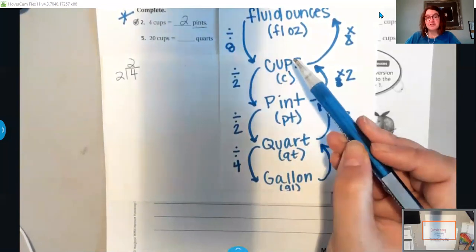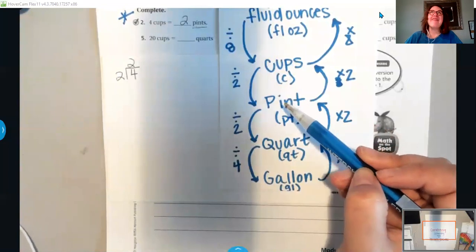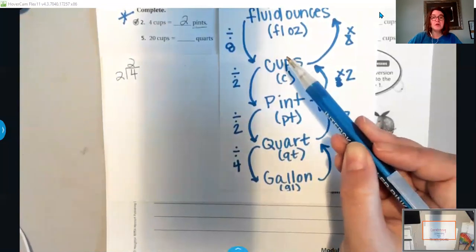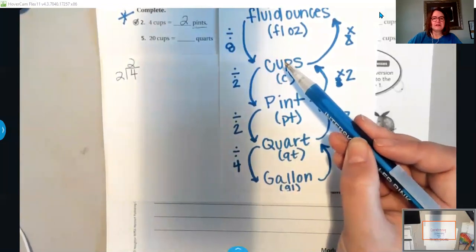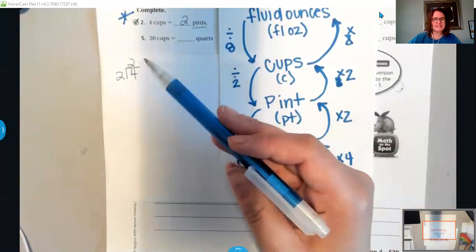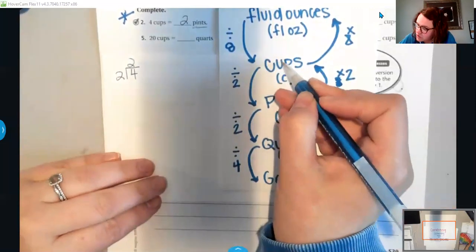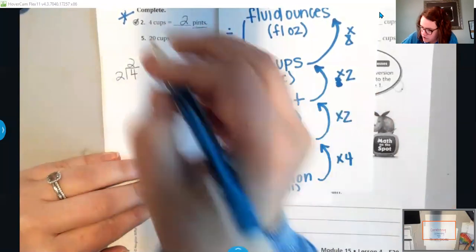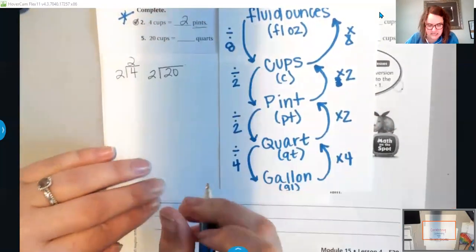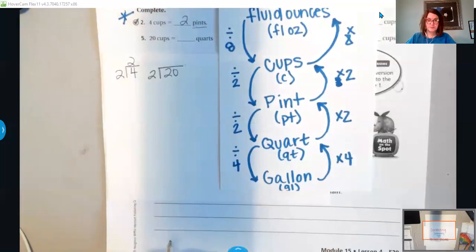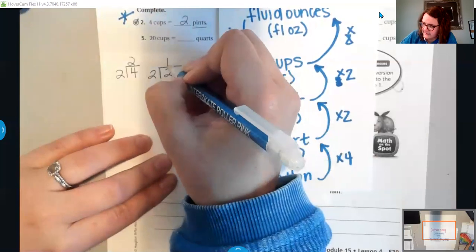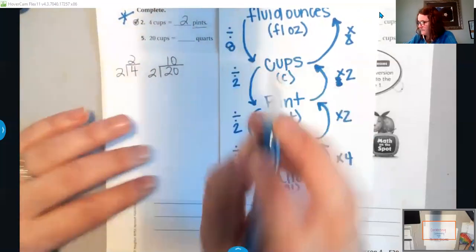So we have to first go from cups to pints, and then we can take pints and go into quarts. So let's figure out how many cups are in a pint. We've got 20, so we're going to divide it by 2. 20 divided by 2 is 10.